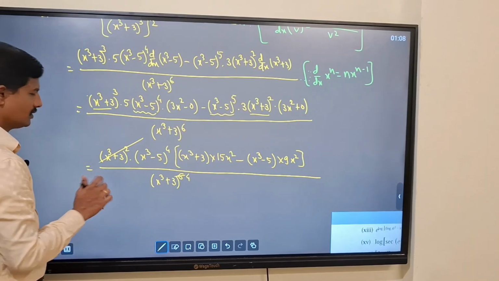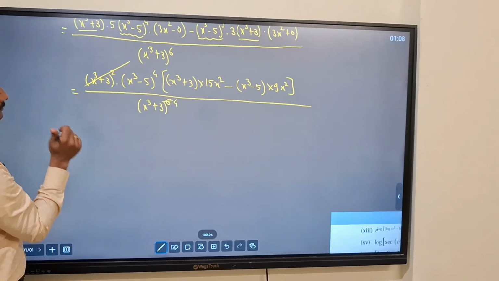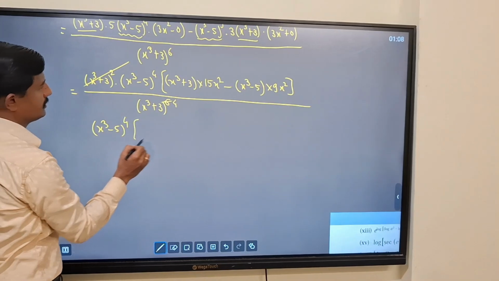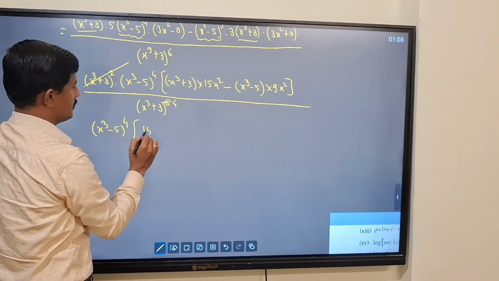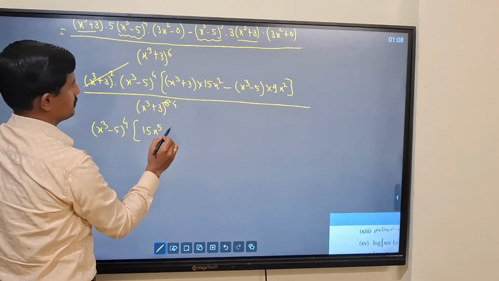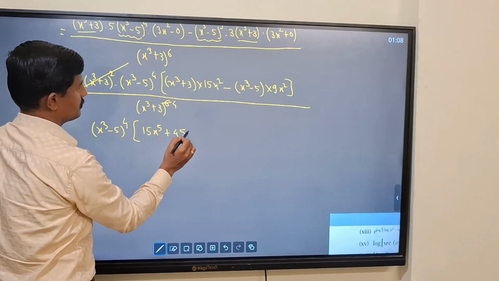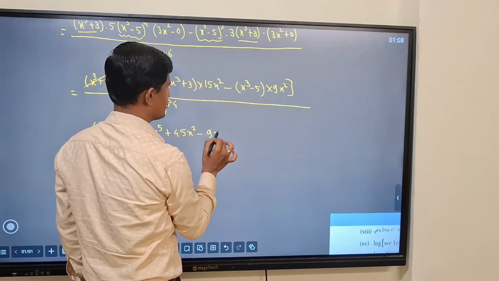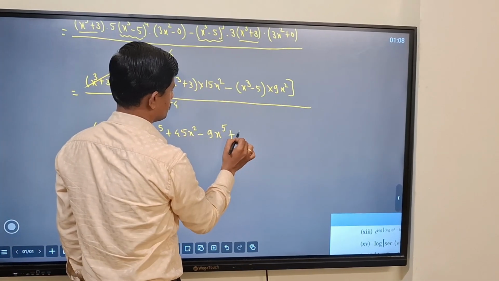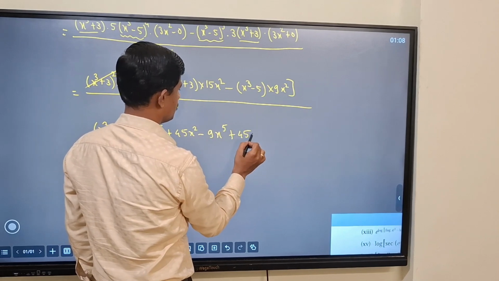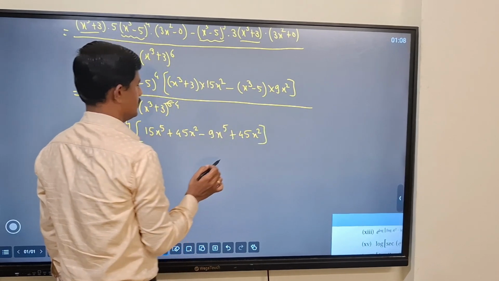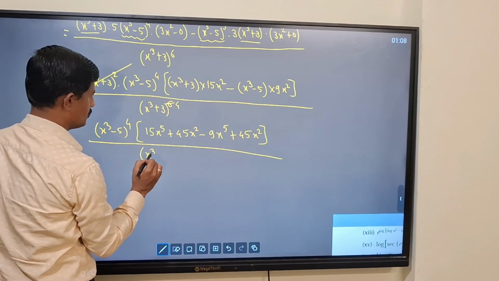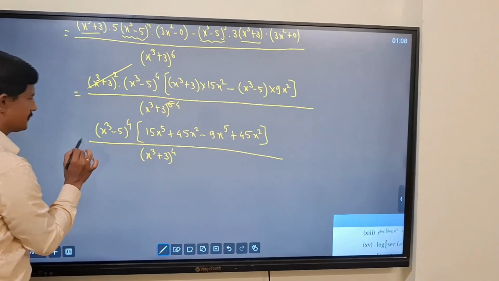Okay, now this will become x cube minus 5 raised to 4, 15 x raised to 5 plus 45 x square minus 9 x raised to 5, minus minus becomes plus 45 x square upon x cube plus 3 whole raised to 4.